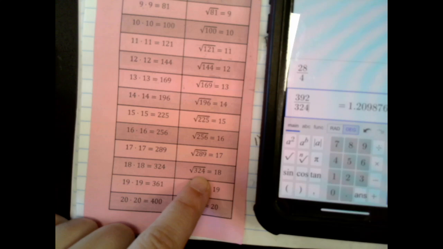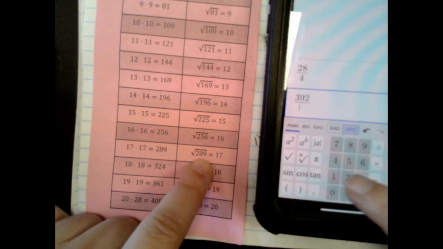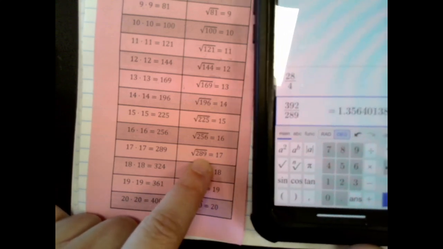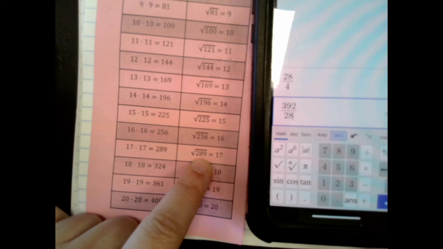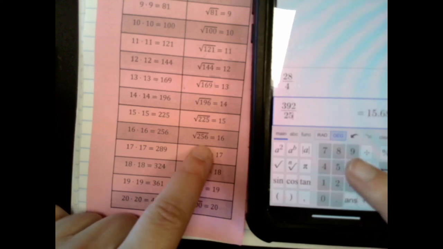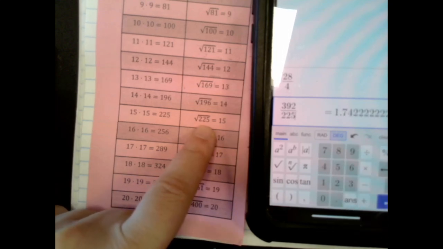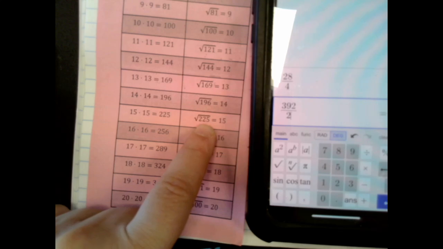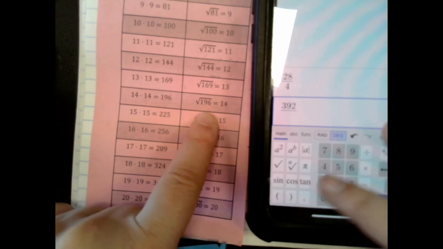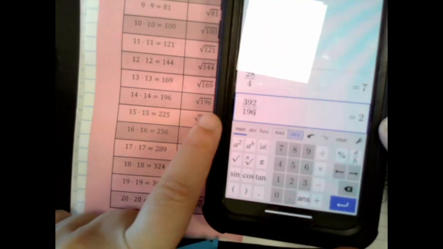Nope, we get a decimal. 289. Nope, we get a decimal. 256. Nope. 225. Nope. 196. Ooh. Yep, 196 works.